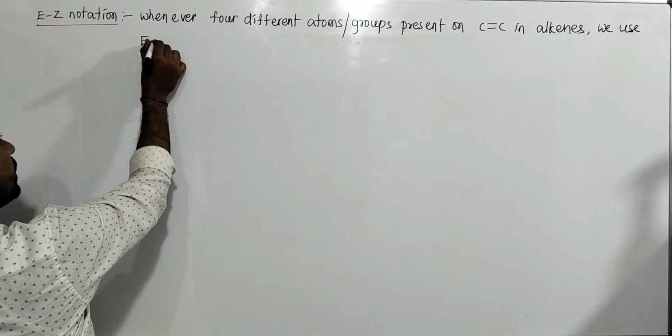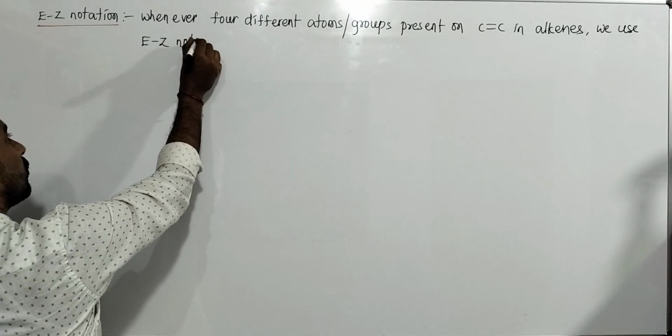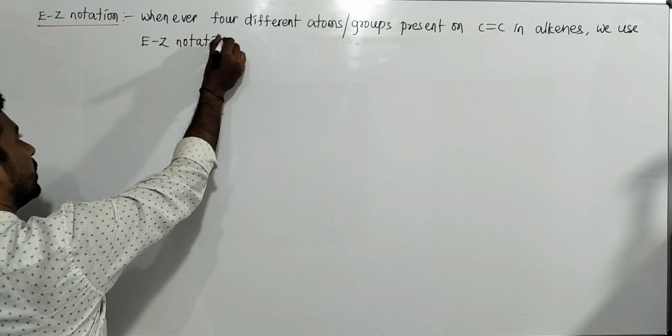If all the groups are different, then we use EZ notation.